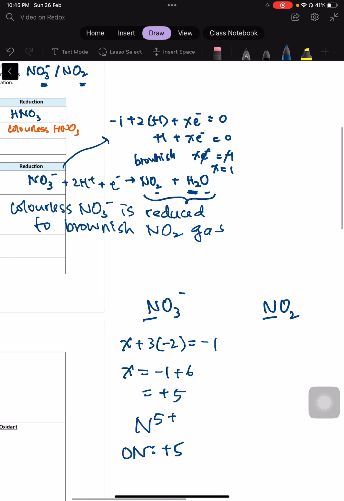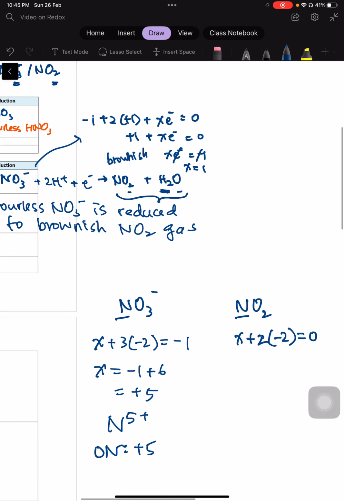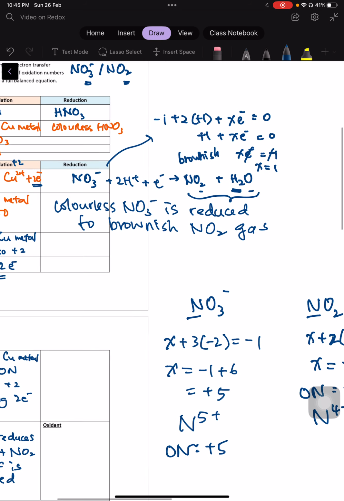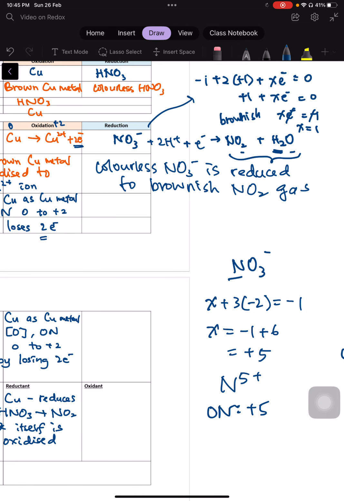Do the same thing for nitrogen dioxide. It is +4, so the oxidation number is +4. Again, make sure the number is showing reduction.